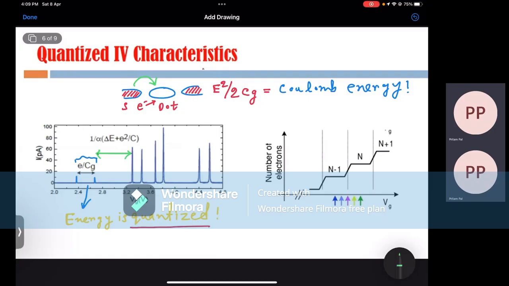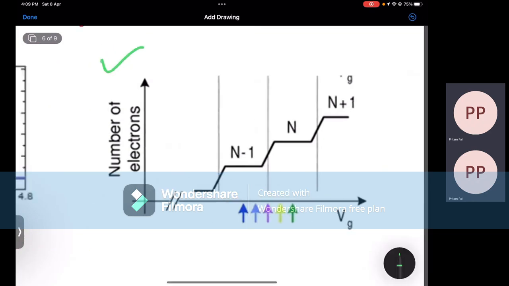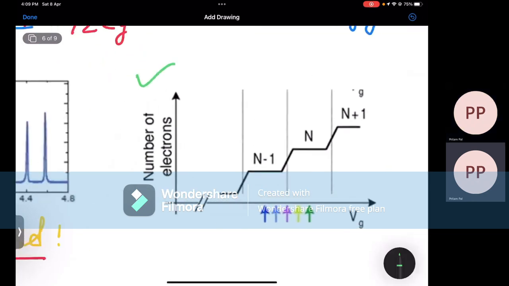From the second graph you can see the number of electrons which are added into this quantum dot. If you carefully look into this picture, the second graph, it will be clear actually.